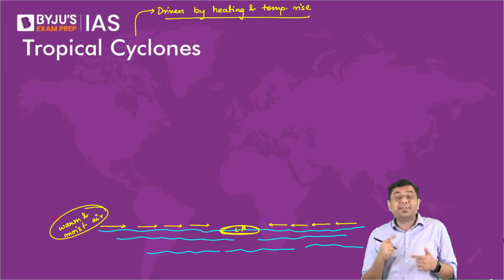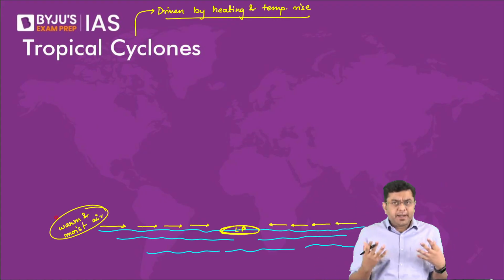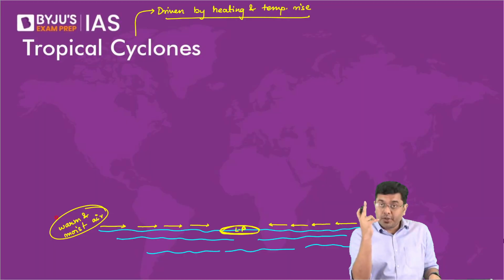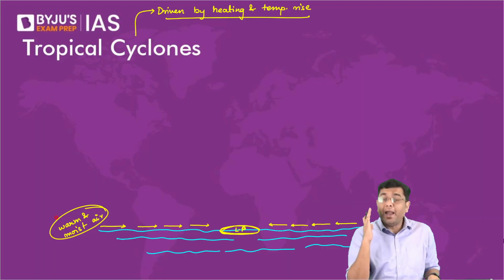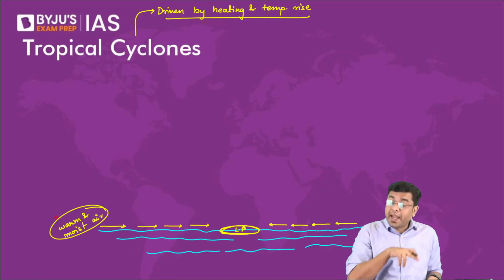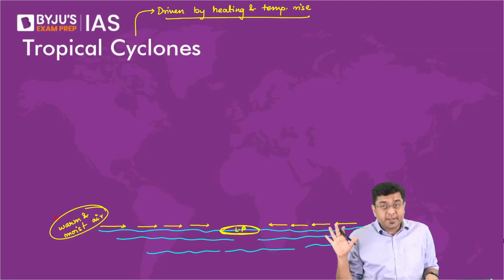Now, as it gets attracted towards that low pressure, this air will also get heated and start rising up. But it will never rise up in a straight fashion. It will rise up in a kind of circulation. Always. Why? Because of Coriolis force. The bending will be anti-clockwise in the northern hemisphere. Circulation will be clockwise in the southern hemisphere.